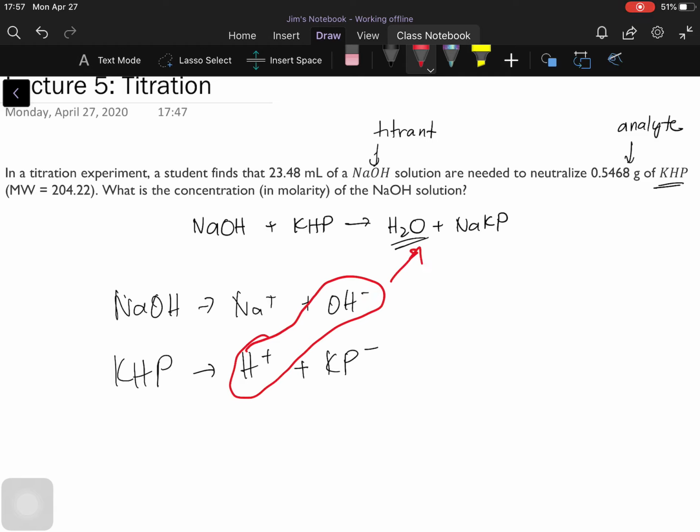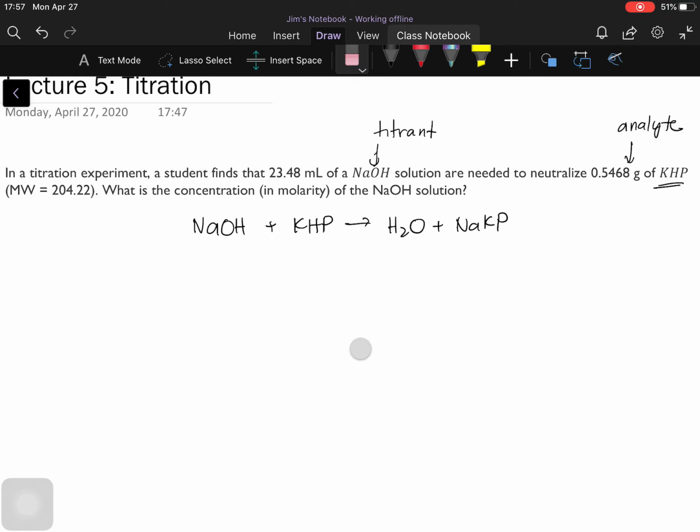Sodium combines with the negatively charged phthalate ion to produce this salt. So that's the general idea. As you can see, the equation is balanced and the stoichiometry is 1 to 1. That means 1 mole of sodium hydroxide will react completely with 1 mole of potassium hydrogen phthalate. So this is our titrant, this is our analyte.